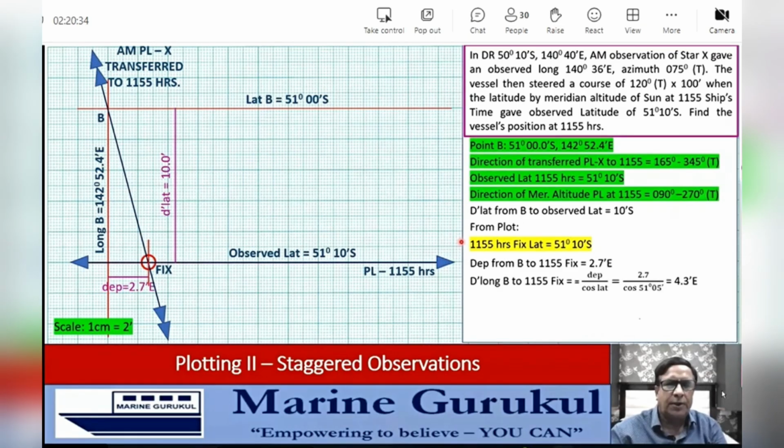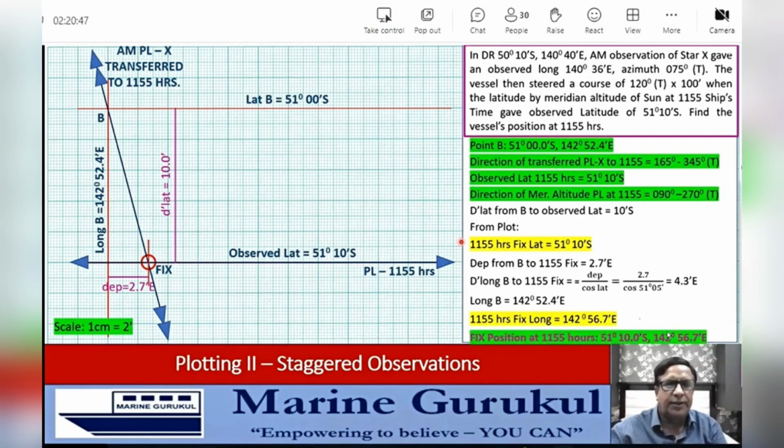We can convert the departure of 2.7 minutes into D long, apply it to the longitude of B, and what we get is the longitude of the fix. And this way, we are able to get 1155 hour coordinates for the vessel, which happen to be 51 degrees 10 minutes south, 142 degrees 56.7 minutes east.